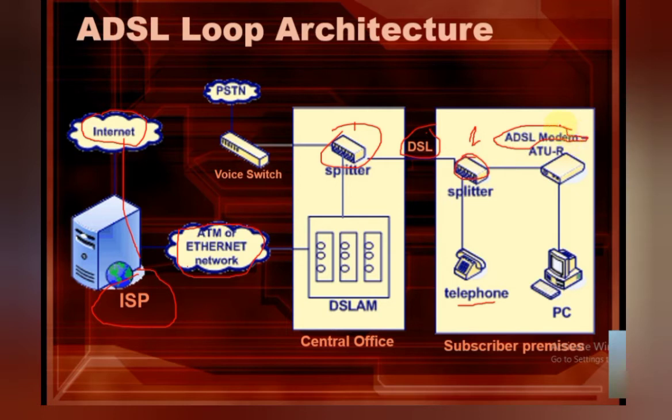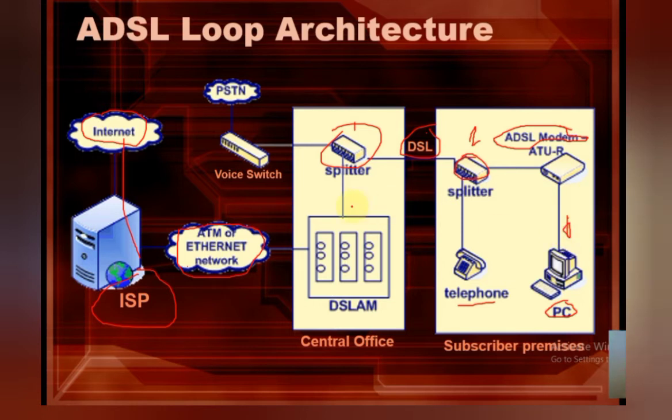The ATU-R modem is connected with your PC. On a phone we use Wi-Fi most of the time, but on a PC we need a connection. So for a broadband connection, we use this kind of system.